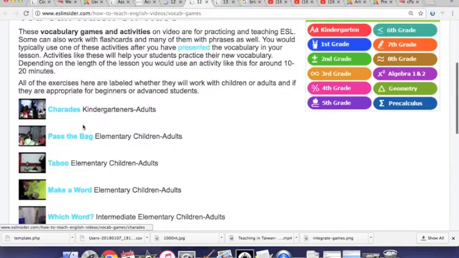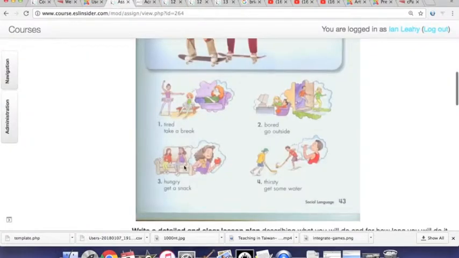For those, charades is miming. You can look up how to do charades here, but it's basically miming, and you can use miming for bored, go outside, or get some water.